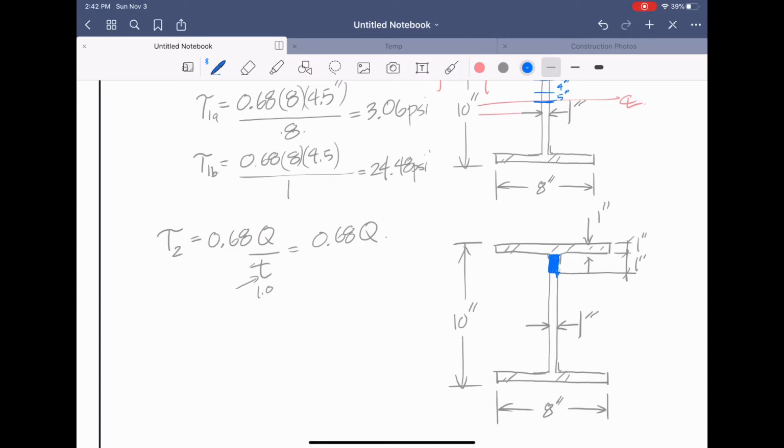Okay, so what's the area of this? Well, the area is going to be 1 times 1, right? And what is y bar? Well, y bar is going to be half that distance to the center line of that beam.